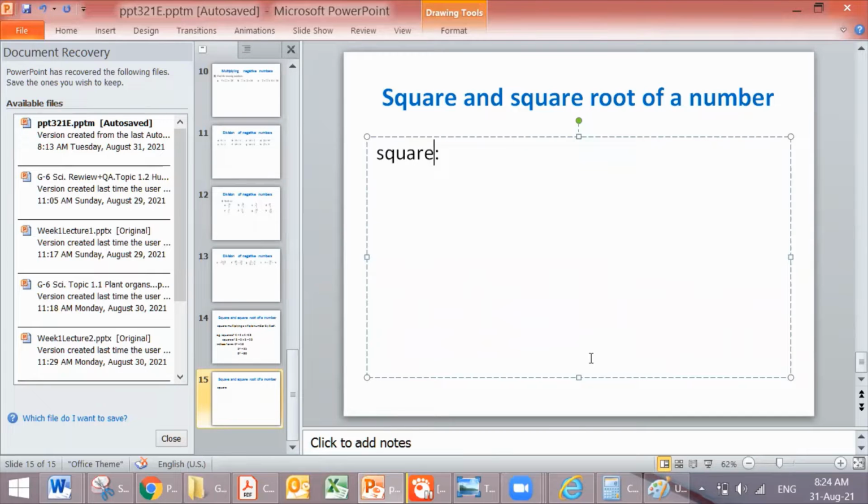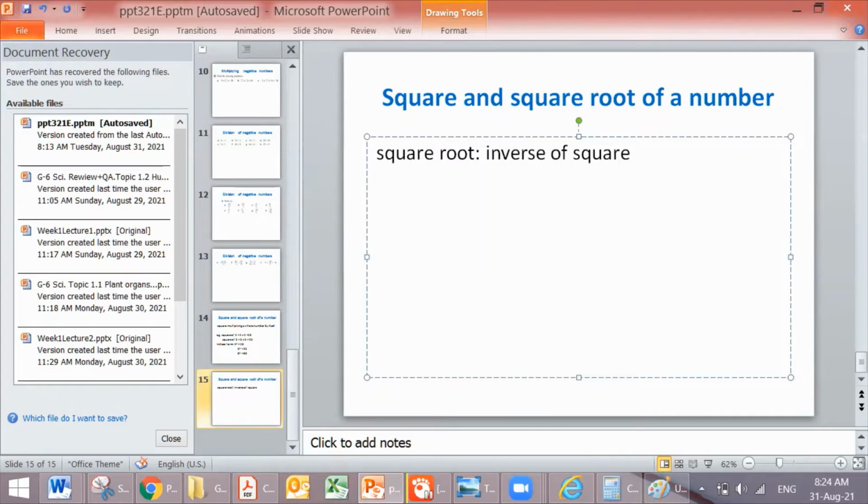Okay, now next one is square root. Square root is the inverse of square. I will just tell you what it means.